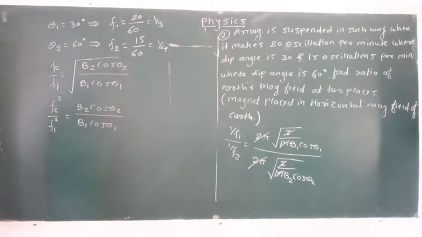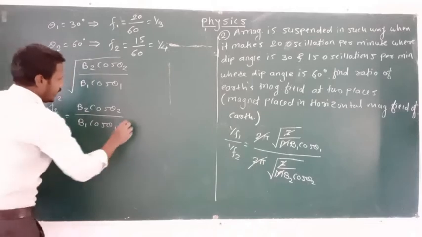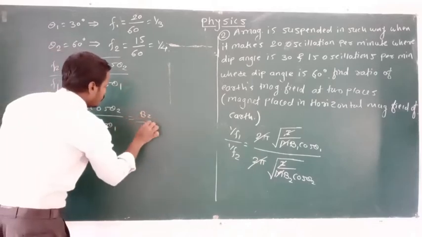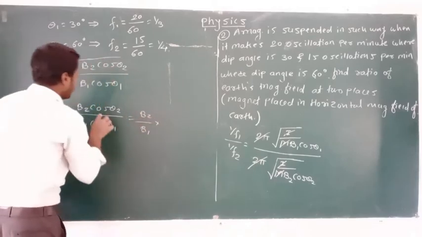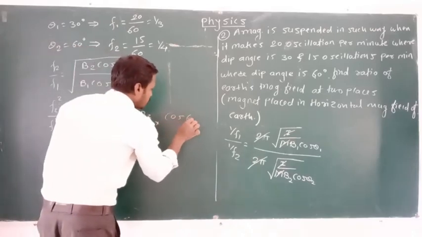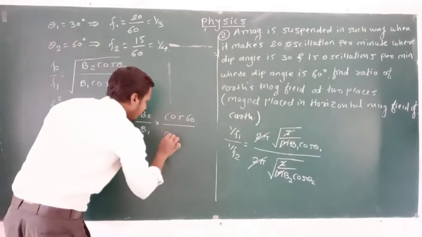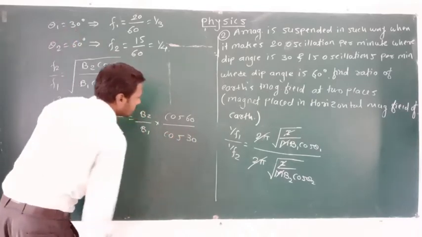Now putting the values of theta 1 and theta 2, we can write B2 divided by B1 multiplied by cos theta 2, that is cos 60, divided by cos theta 1, that is cos 30.